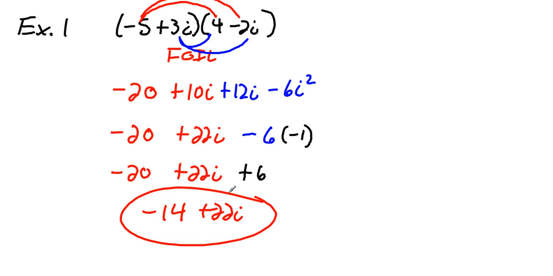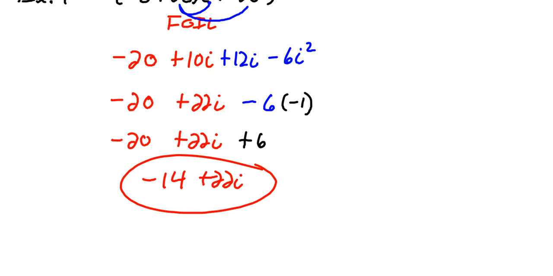So any multiplication problem that you go through, even if it's full method and anything else, eventually it should come back to a plus bi form. You should have a real number, and then you should have an imaginary number. Now, it's possible that you could get a negative 12 and a positive 12 where the i term would just go away.